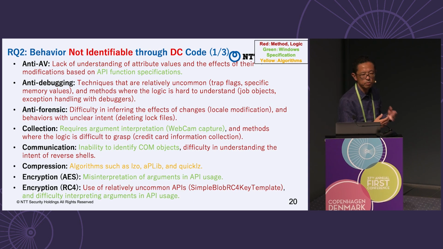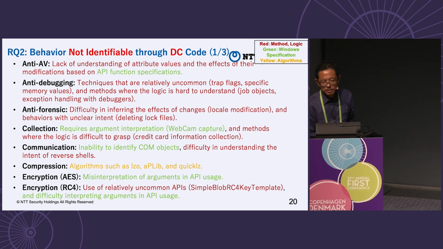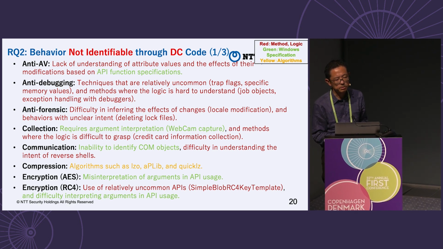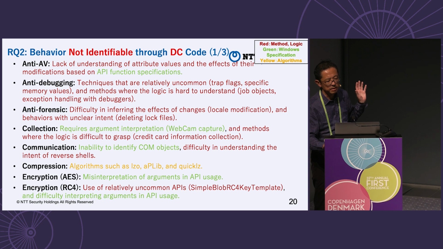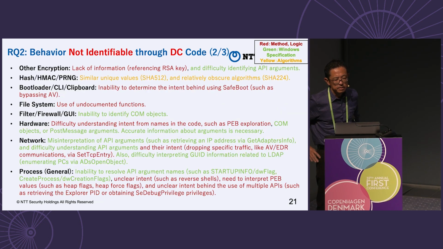Okay, let's talk about RQ2. RQ2 is not identified through decompiled code. I also summarized the result for each category. Also, you can see the same legend. I say again: red letters are malware related, green is Windows specific, and yellow is some algorithm. So you can also see the summary result for some categories.